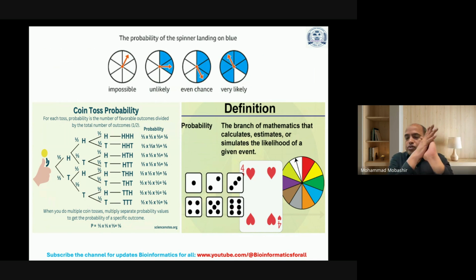Now, if you want to define probability, it is the branch of mathematics that calculates, estimates or simulates the likelihood of a given event. The same thing you can see with playing cards.